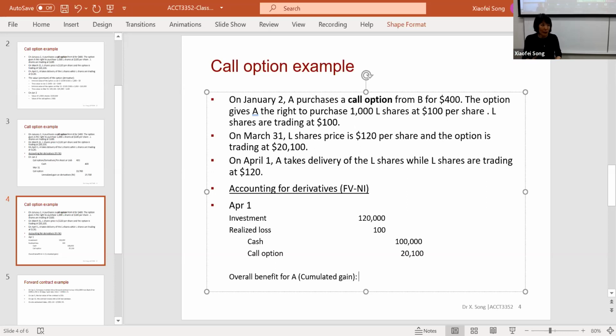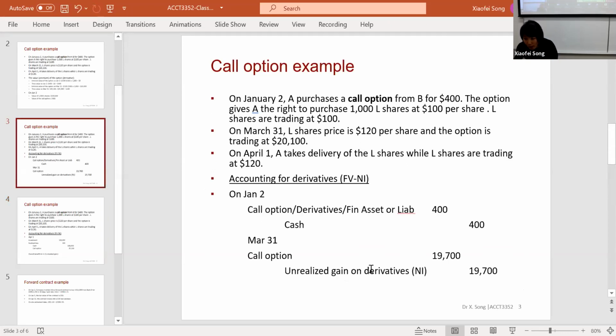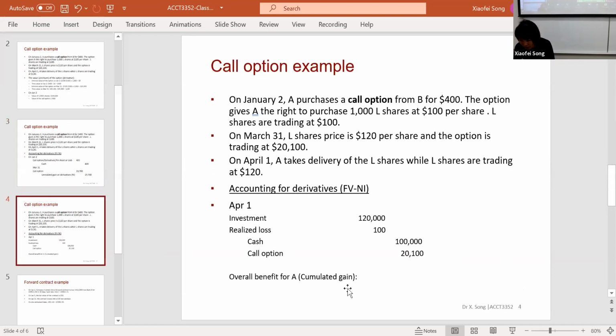Well, you can look at what we recorded. You can go back to the previous slide here. We had a gain of 19,700. That's the first time we actually recognize the gain, 19,700.